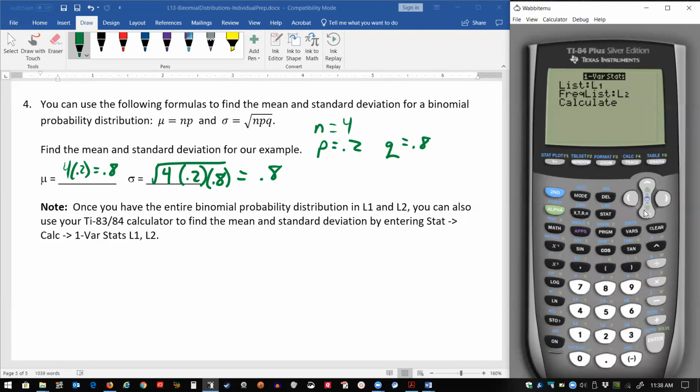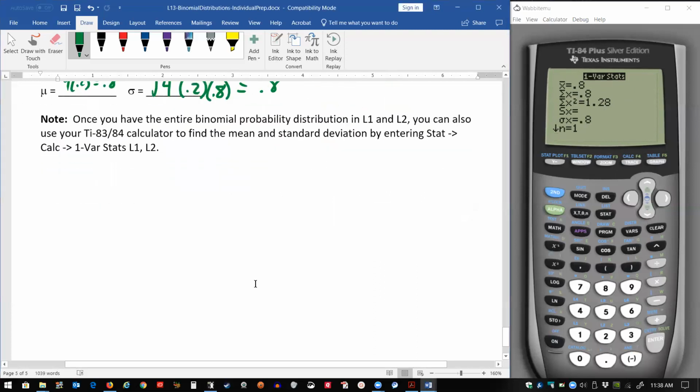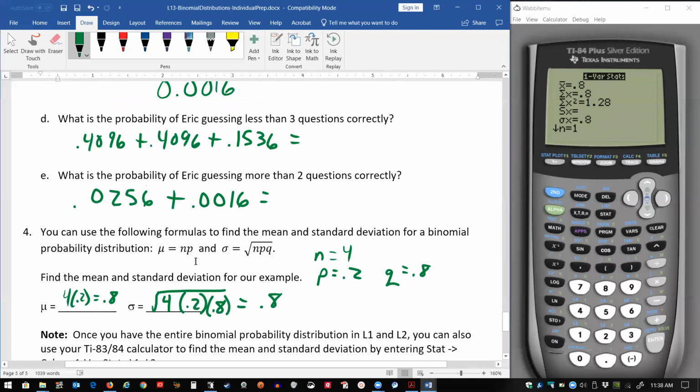Frequency list, we'll make list 2 because that's where our probabilities were. And we press enter and look. X bar, there's my average. Sigma, 0.8, there's my standard deviation. So your calculator can do this for you too, even though the formulas for binomial probability distributions are not too bad to find the mean and the standard deviation. Good? Awesome. So have those formulas in your list.